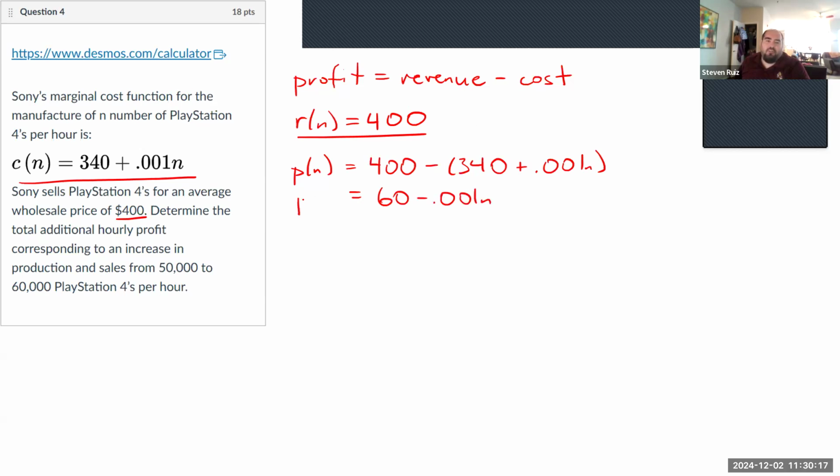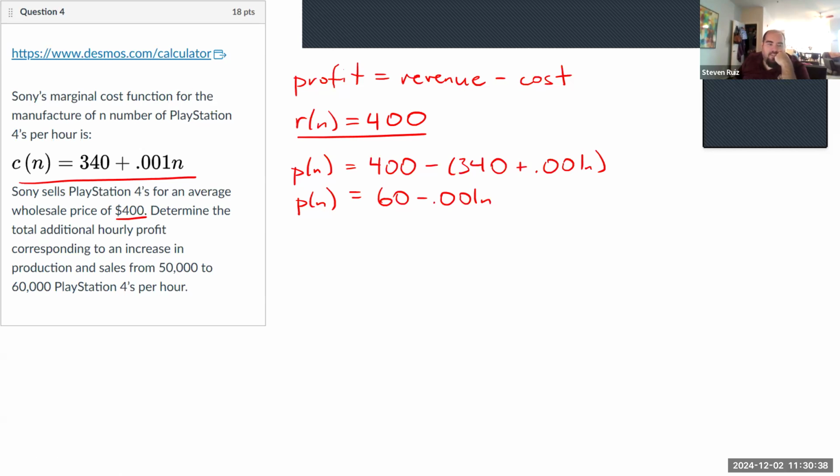So that's my marginal profit function. I think the most important part of this problem is getting that function. The integral is obviously important, but getting the right function to integrate is probably the more important part of this question.